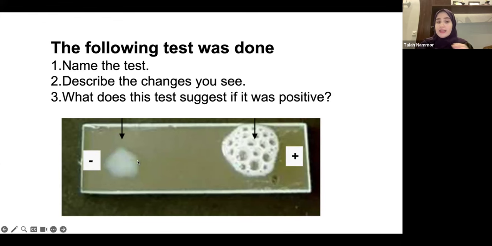If it was catalase negative, it's not going to have any reaction. But if it was catalase positive, we're going to see a bunch of bubbles. And these bubbles signify that this organism is catalase positive, all right? And in here, the organism is catalase positive because it showed us this.